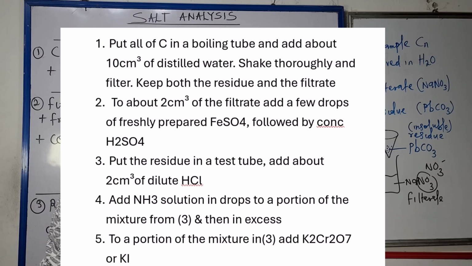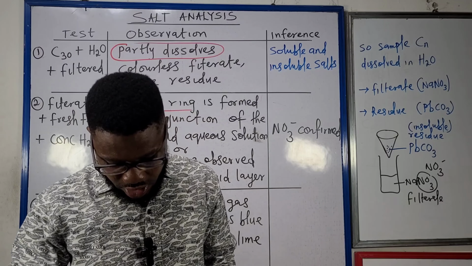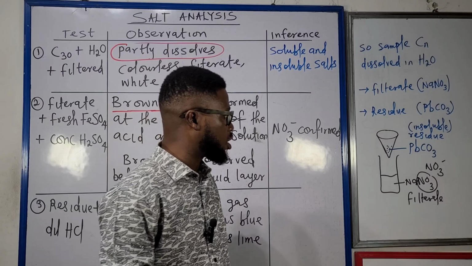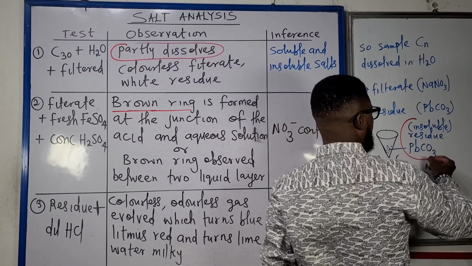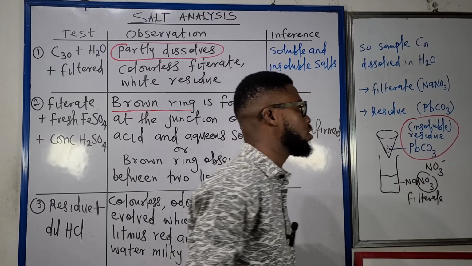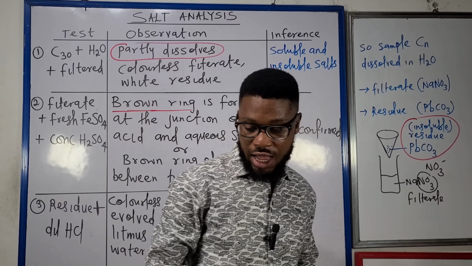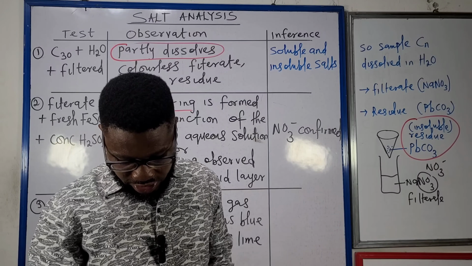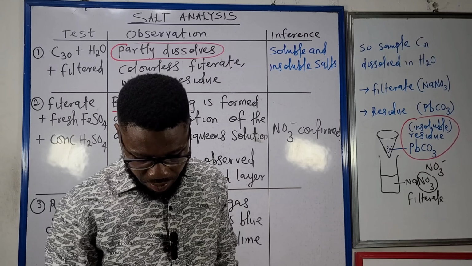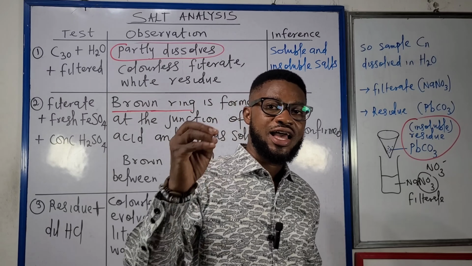Okay, moving on to the next question, question 3. As you can see on your screen, it says put the residue. So we're about to talk about the residue now, talking about lead carbonate for the insoluble components here. It says put the residue in a test tube and then add about 2 cm cube of dilute acid.